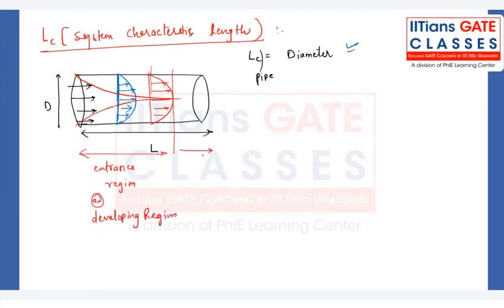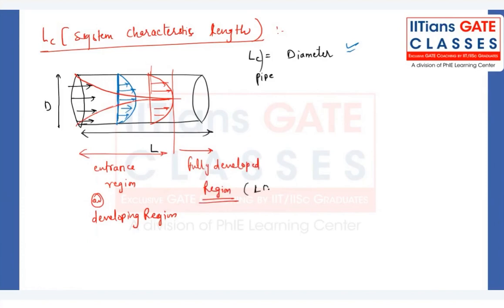After that, we have the fully developed region. What is the special characteristic of the fully developed region? Perfect, very good, 1D flow.